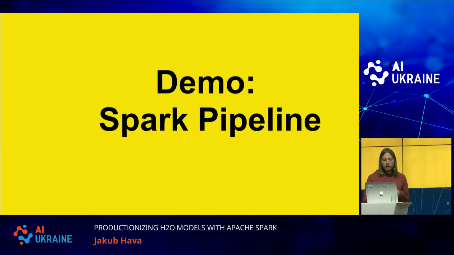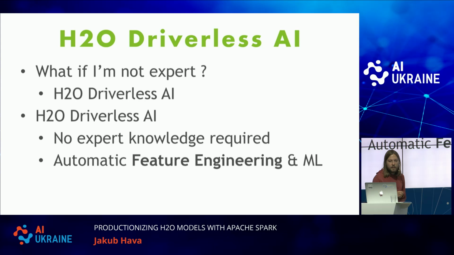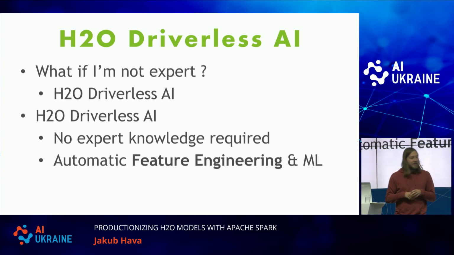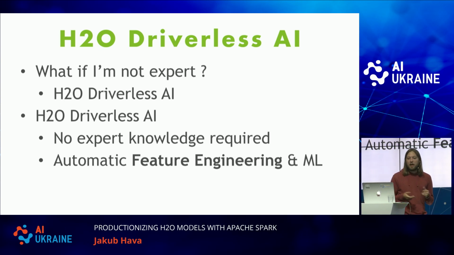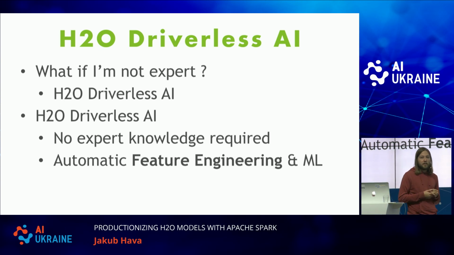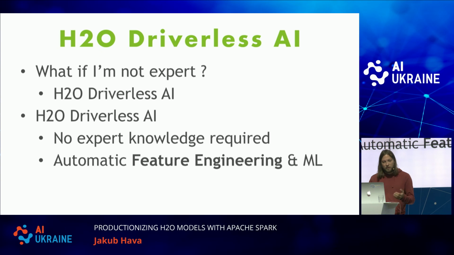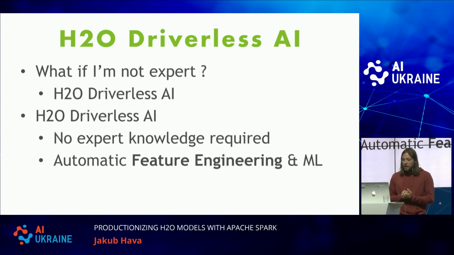So let me go to that slide. So, H2O Driverless AI. The slide says, what if I'm not an expert? I should go for H2O Driverless AI. It can help companies to automate the tasks. If you don't have a big data science department, this can definitely help you automate the tasks. You don't need any expert knowledge.